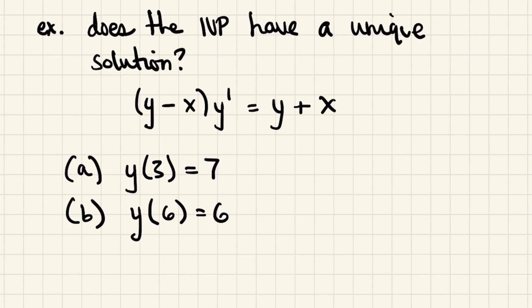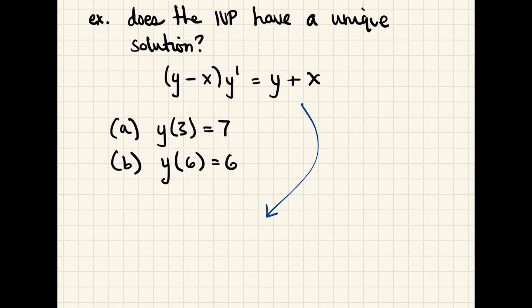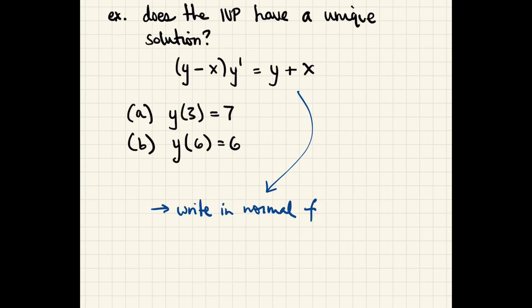So we're first going to just take this differential equation and write it in normal form. And then we'll take a look at that f(x, y) and its partial with respect to y and see what we can figure out. So in normal form, isolating that first derivative, we have y prime is equal to (y + x) divided by (y - x).